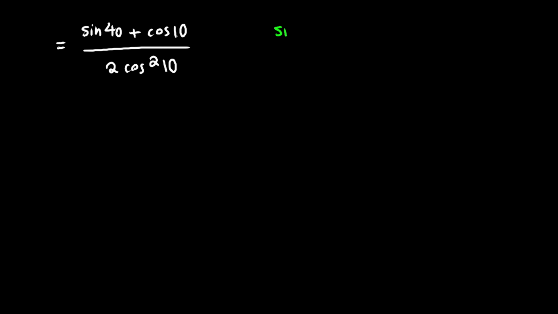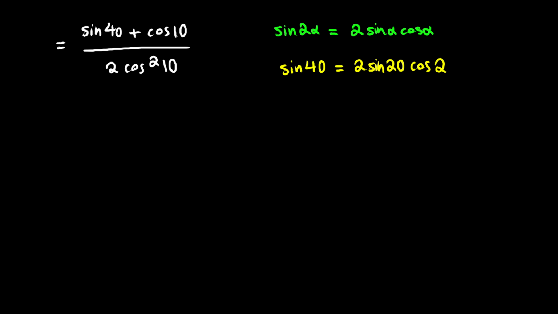So we all know that sine of 2 alpha is equal to 2 times sine of alpha times cosine of alpha. For example, we can say that sine of 40 degrees equals 2 times sine of 20 times cosine of 20. Now, if we apply the same formula for sine of 20, we should have 2 times sine of 10 times cosine of 10 times cosine of 20.